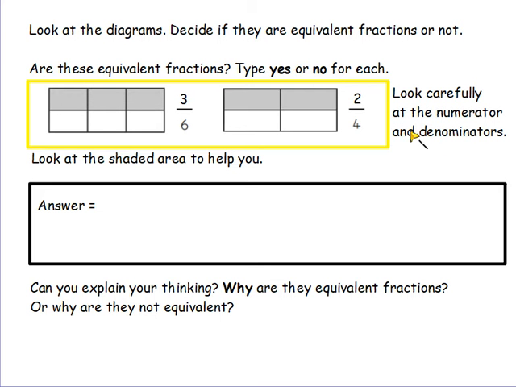Look carefully at the numerators and denominators and look at the shaded area to help you. So what do you think, Y3? Do we think that these are equivalent fractions? We've got 3/6, we've got 2/4. You could pause this now and have a think, and then I'm going to tell you the answer.